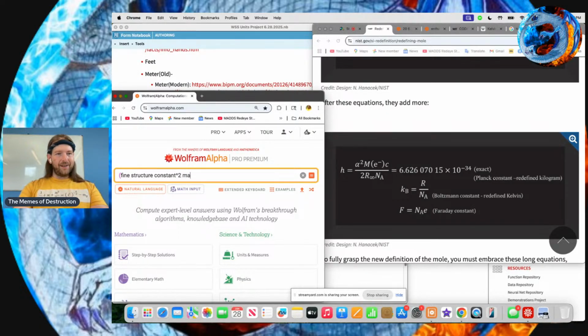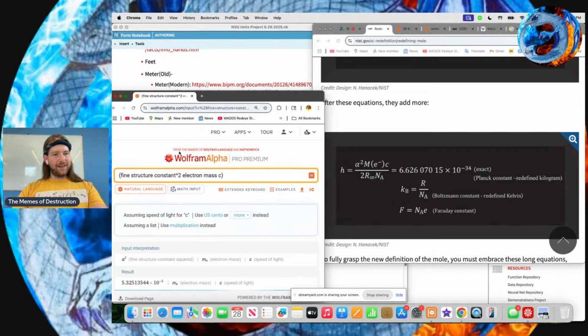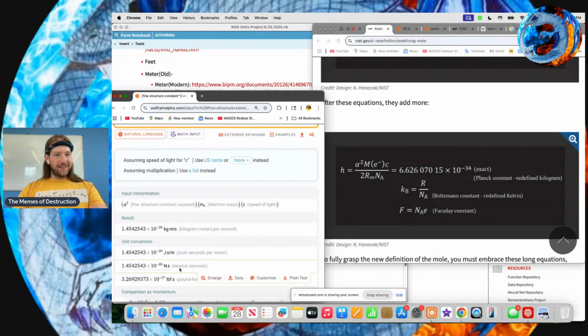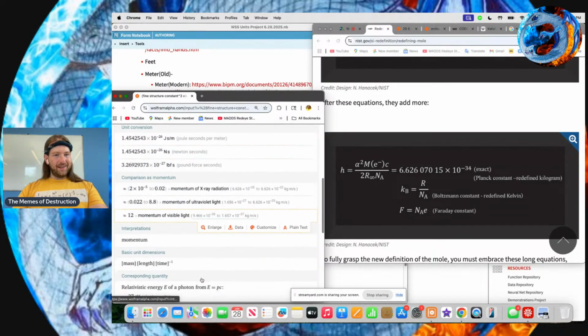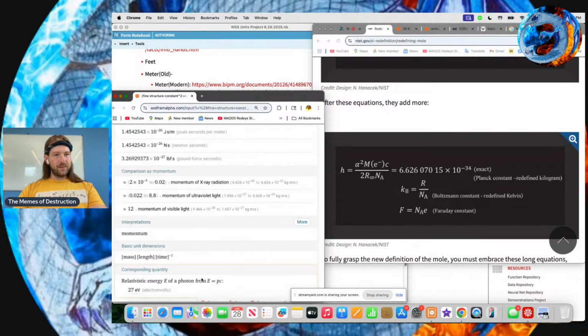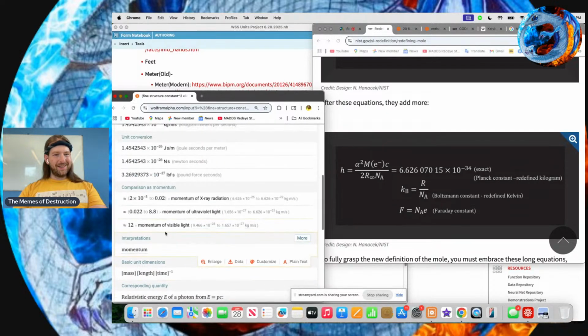Let's do the mass of the electron, and the speed of light, let's see what we got there. Multiplication. Okay, so that gives us momentum. Groovy. Oh, look, 12 times the momentum of visible light. Cool.